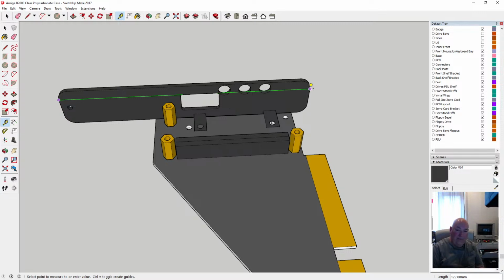Bracket from one edge is 52 mil. 52 mil. So from 52 millimeters over. Yeah, that's right. So is my hole in the wrong place?